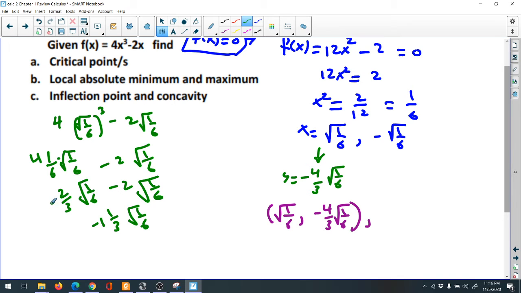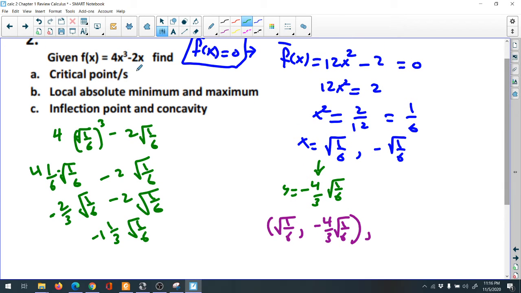So this is negative. And here, if you replace negative in here, negative square root of 1/6, negative times negative 2 is going to be positive. So this is going to be negative, and this is going to be positive.